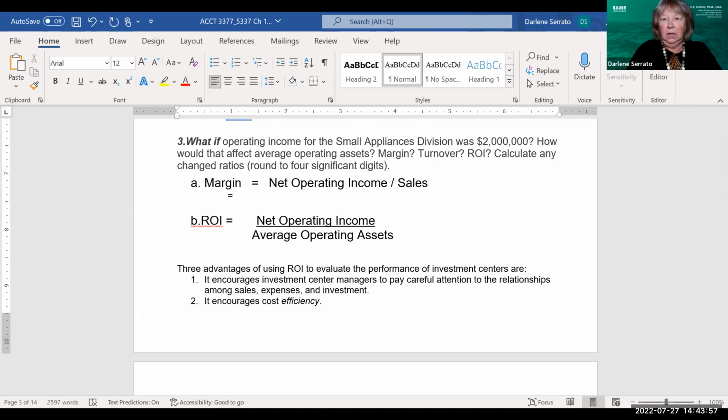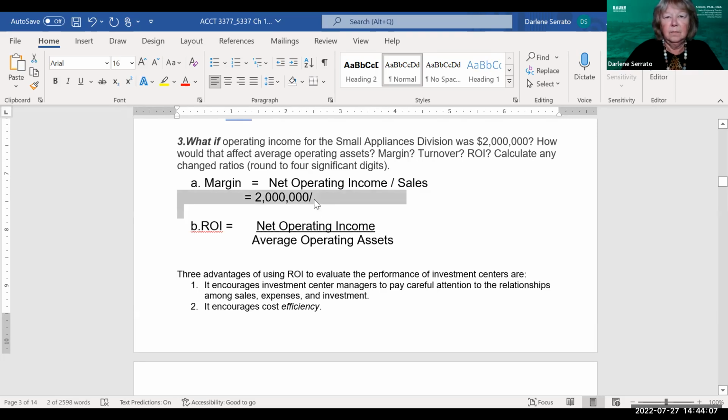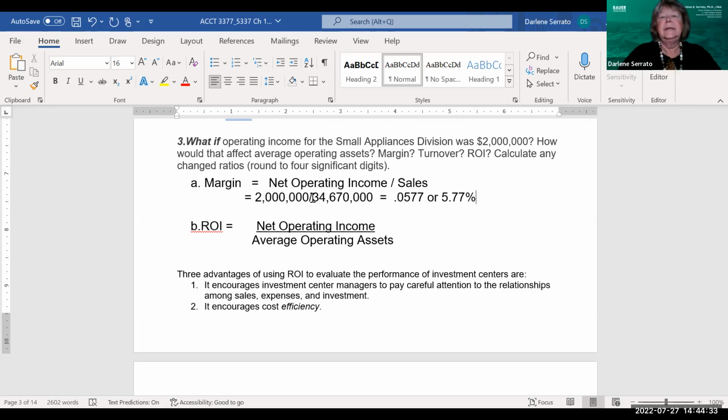So that would be 2 million divided by sales of 34,670,000. And that would equal 0.0577 or 5.77%.